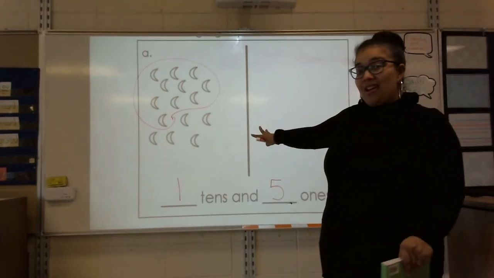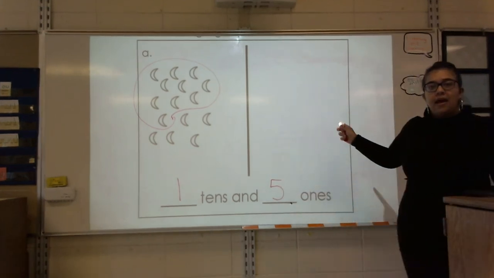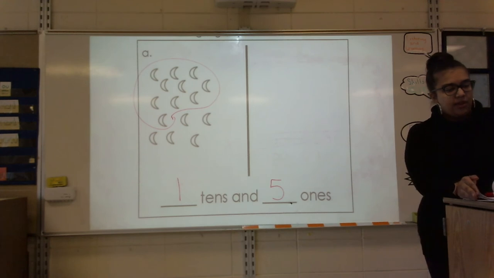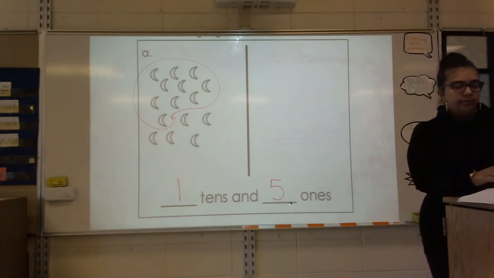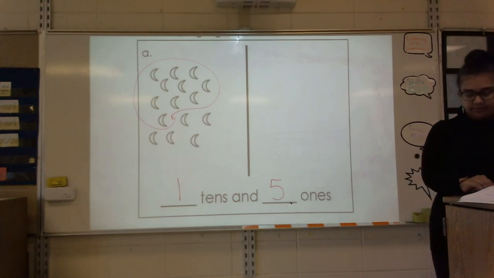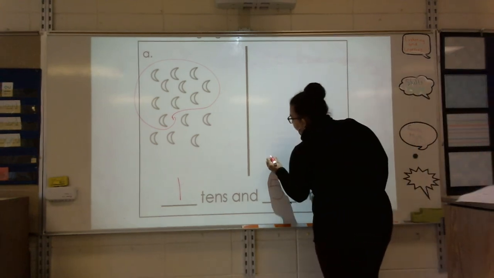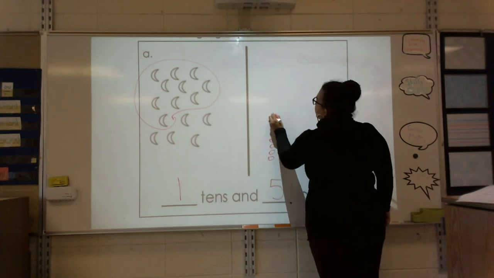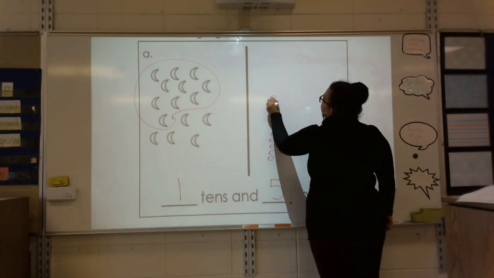So knowing that information, what should my picture look like? Let me give you a second to think on that one. 1, 2, 3, 4, 5, 6, 7, 8, 9, 10.